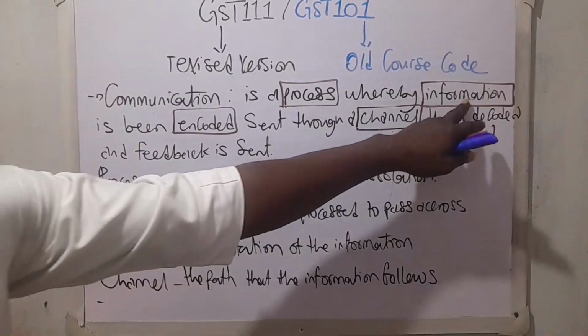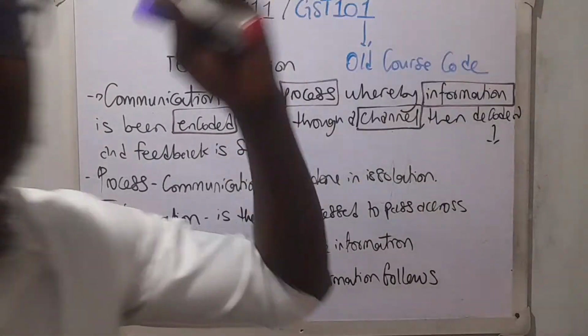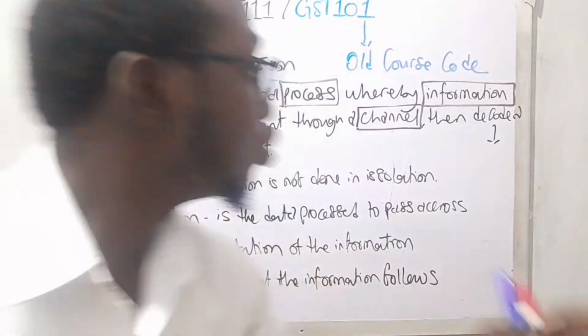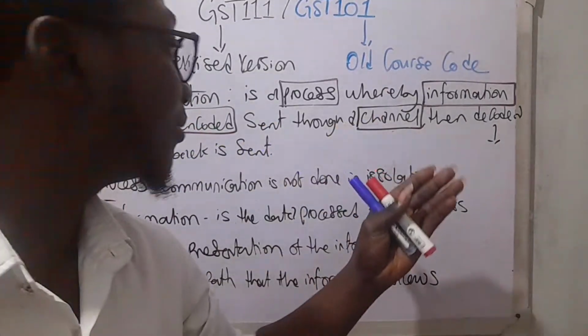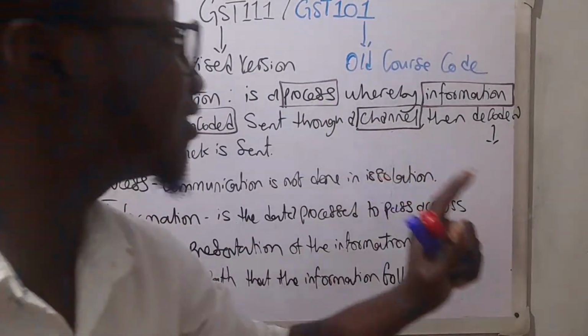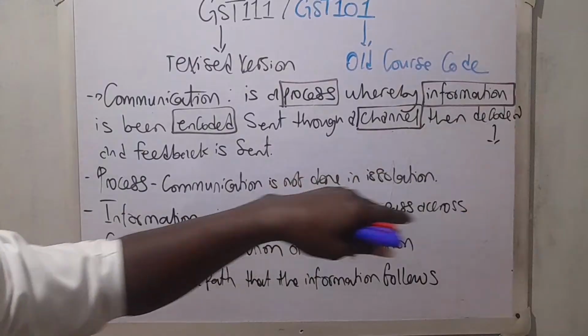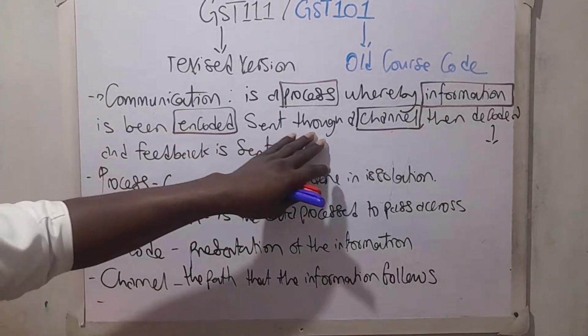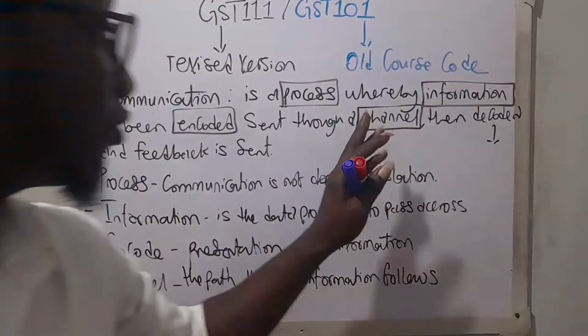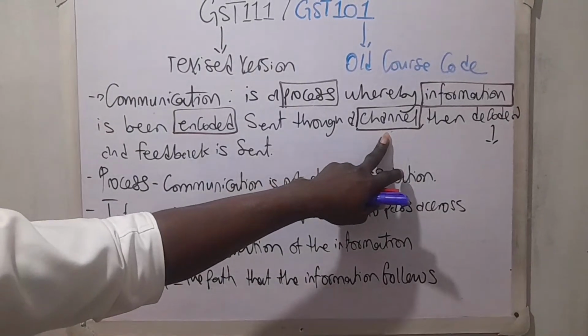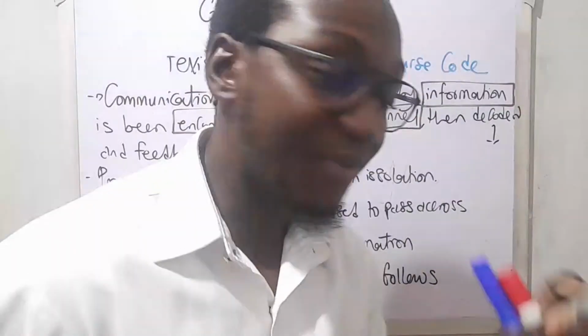There's information the company wants you to enjoy. So you need a dish. The information is a signal and it has been encoded, so it has to be sent through the channel, which is the DSTV system, the package.